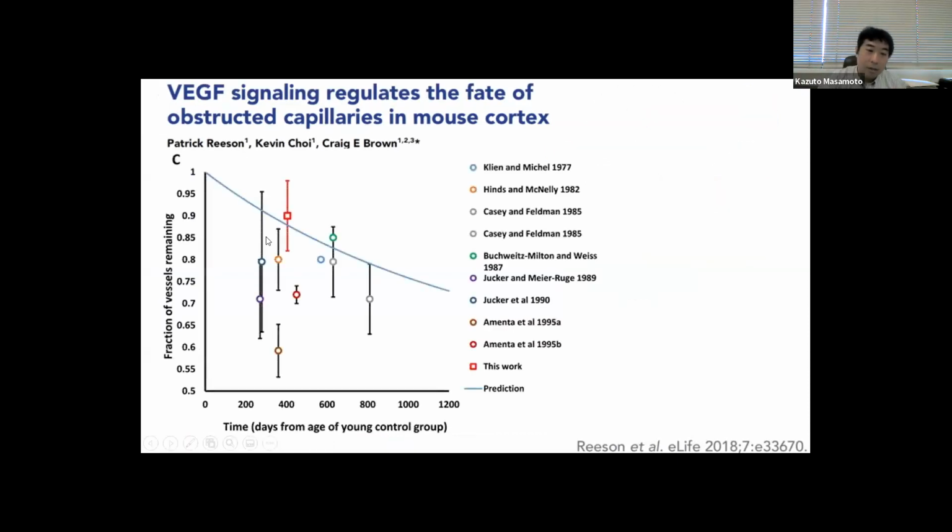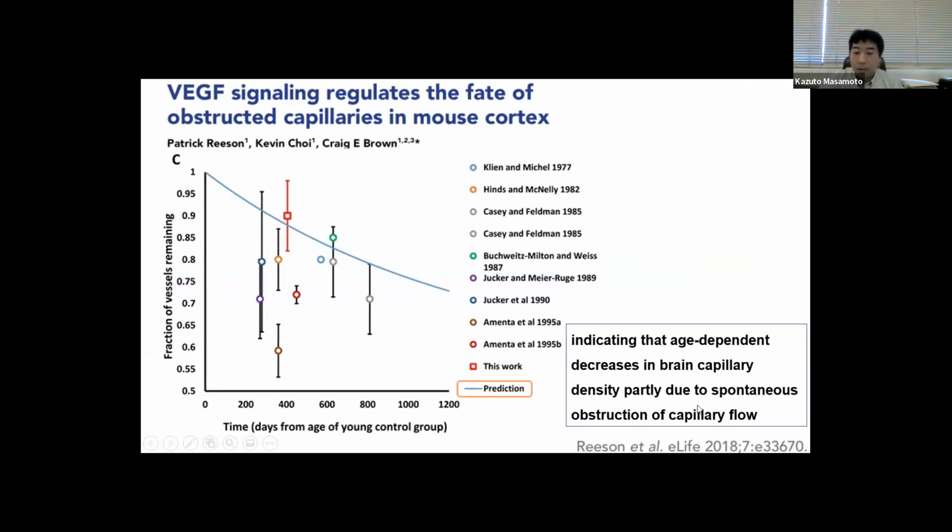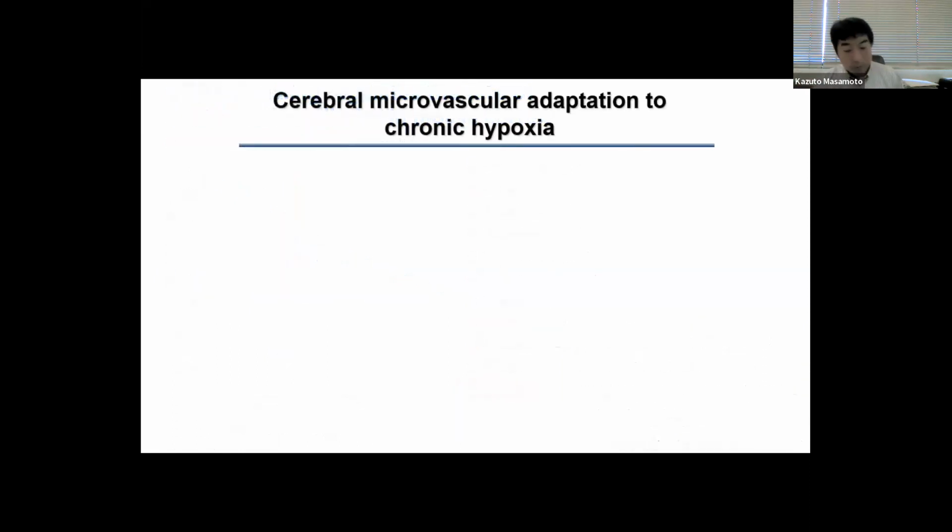So they estimated the age-dependent change in capillary density due to the spontaneous leukocyte obstruction of the capillary flow. This is very important. We have to enhance the capillary flow. Maybe time is 2 minutes.